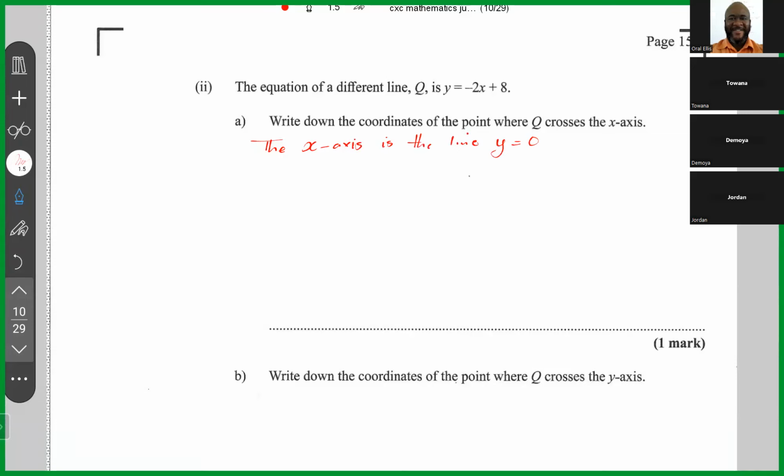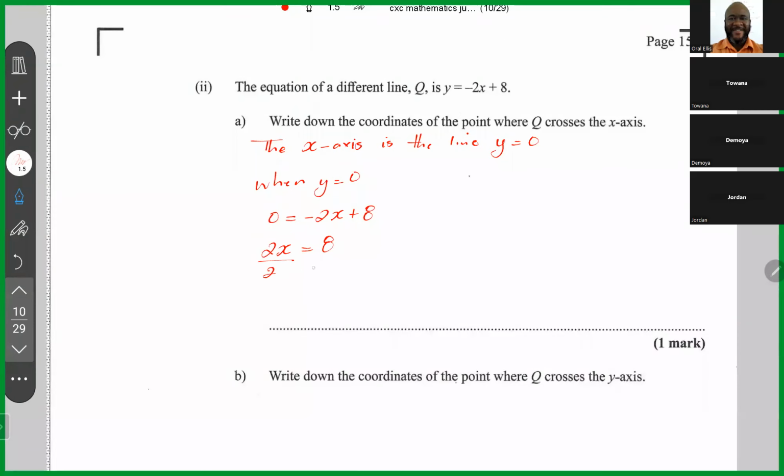So if I want to determine the coordinates of the x-intercept, I'm going to substitute y is equal to 0 into the equation. So when y is equal to 0, which is the equation of the x-axis, I'm going to get 0 is equal to -2x plus 8. -2x comes over to the left and becomes +2x is equal to 8.